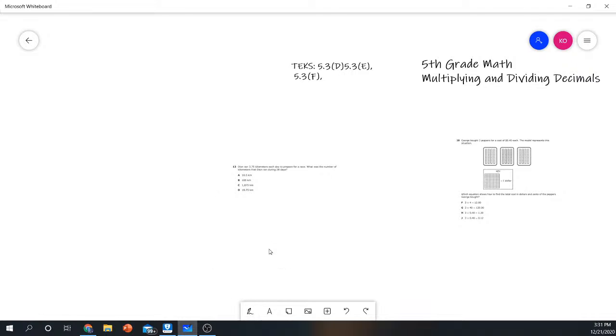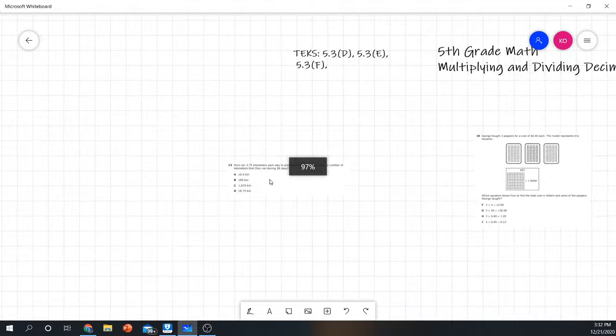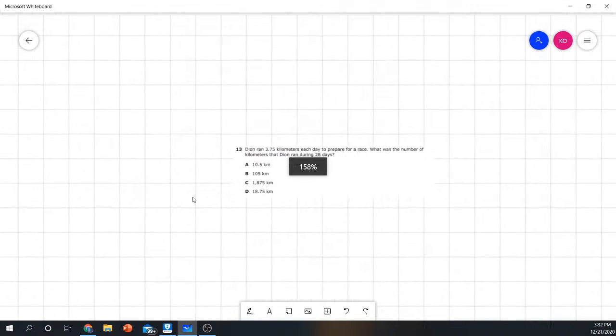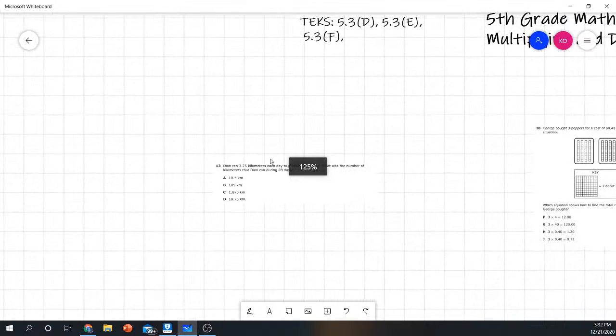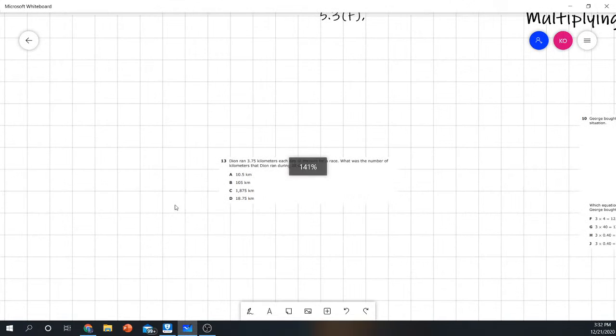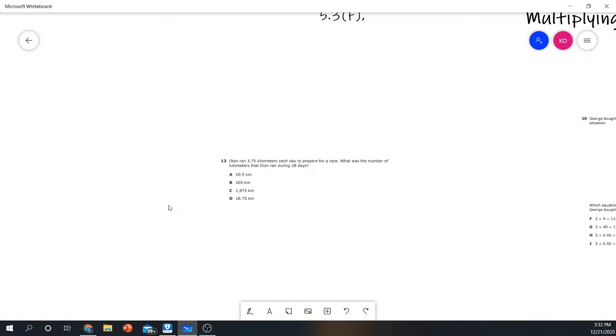So with that being said, the TEKS we're going to cover today are 5.3D, 5.3E, and 5.3F. Let's start with our first problem, which is from the STAAR 2019 test, question number 13.